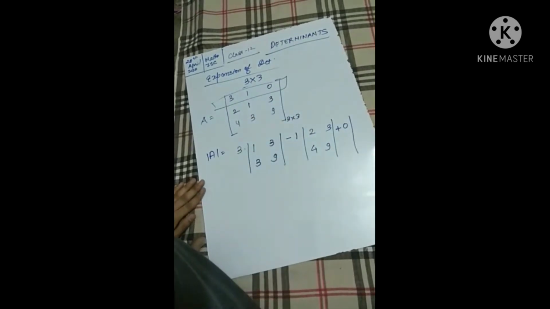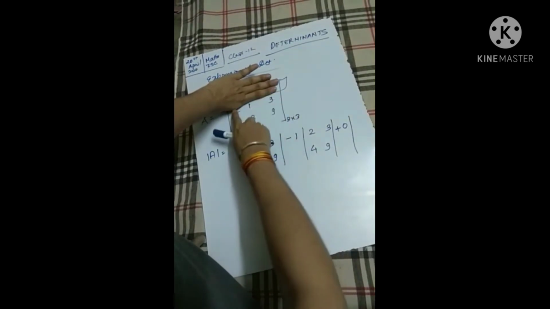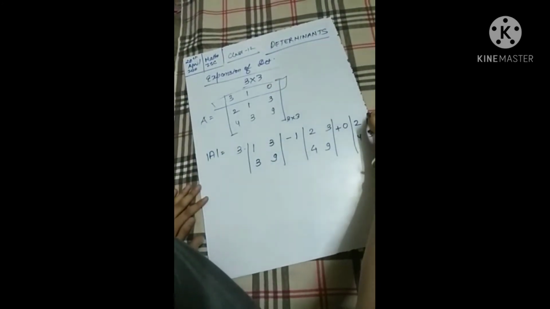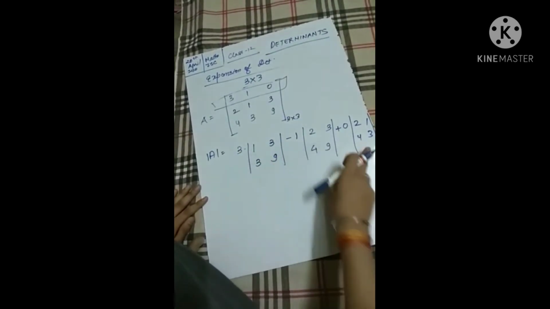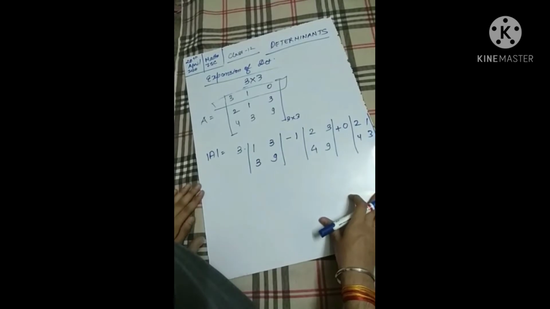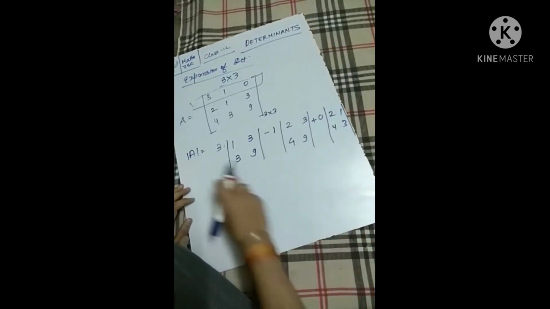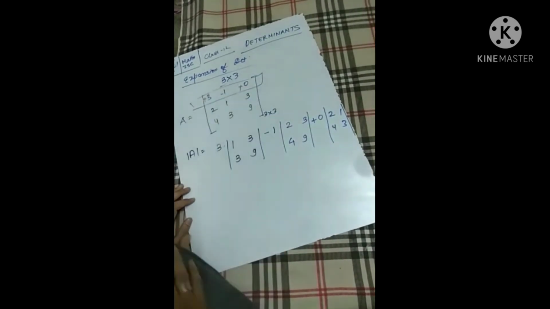Then again, you have to skip this row, this column, 2 1 4 3. So 2 1 4 3. Now why this plus minus plus? This is the working rule. You have to remember that for this one, plus minus plus, this goes alternatively.